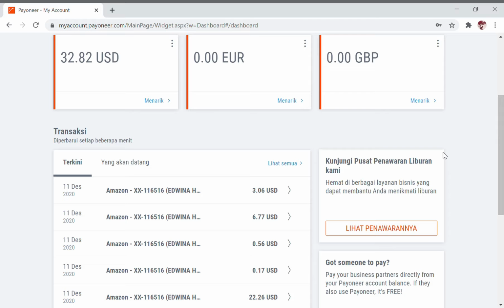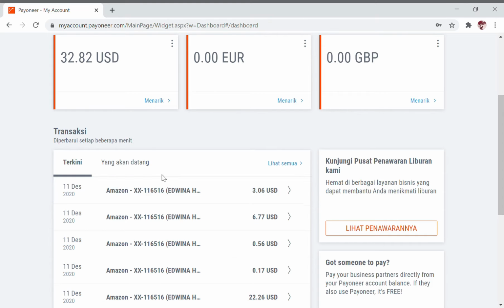So the first part is that Payoneer basically lets you have a bank account in a country that you don't have a bank account in, and that was the case for me. I published books and I received royalties from Amazon. I don't have a US bank account, so what I need to do is get a third-party payment platform to do it, right?